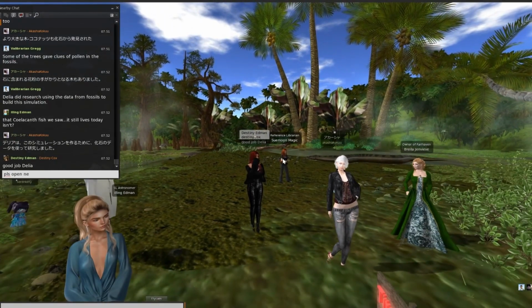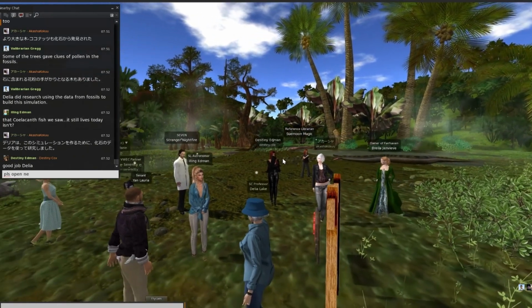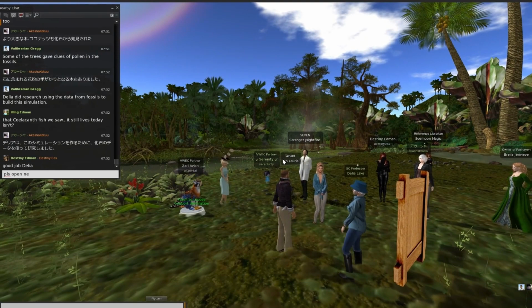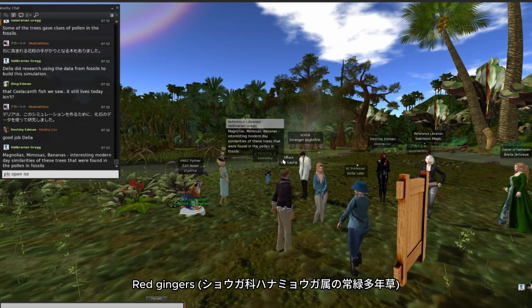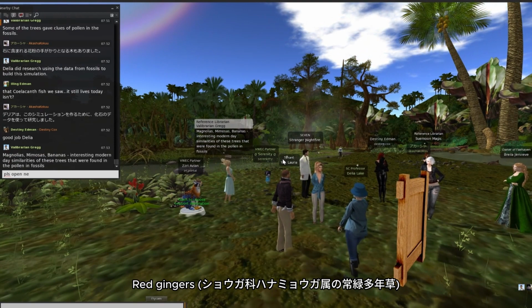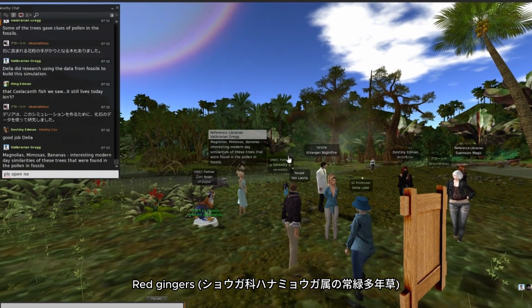Another couple of ones that we have today that we're just beginning here are the red ginger. Notice we have the short plants with the red flowers right around here. So red ginger was just beginning here.